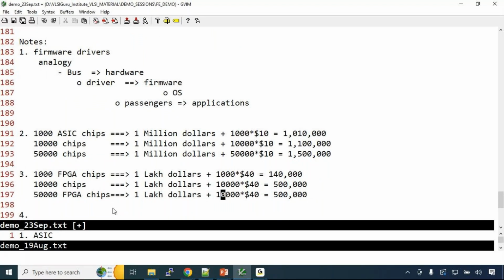This will become what? 50,000 into 40. How many zeros will come? 1 followed by 5 zeros plus 20 followed by 5 zeros, right? What is this totally?